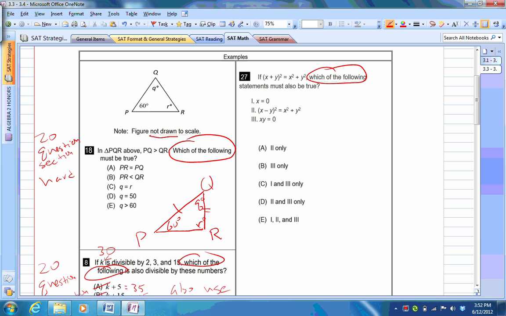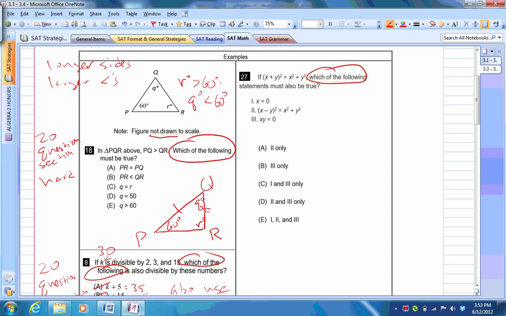What that means is that r is greater than 60 degrees, because longer sides have larger angles. So we do expect angle R to be greater than 60. What that also means is that Q has to be less than 60 degrees.